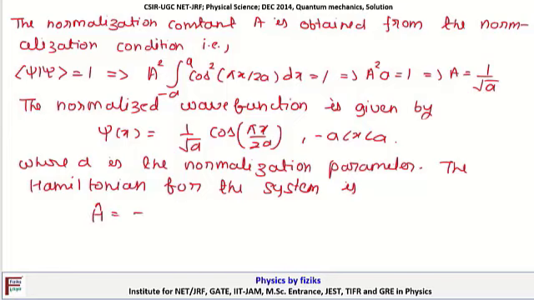H cap is equal to minus h square by twice m d square by dx square minus b delta x.